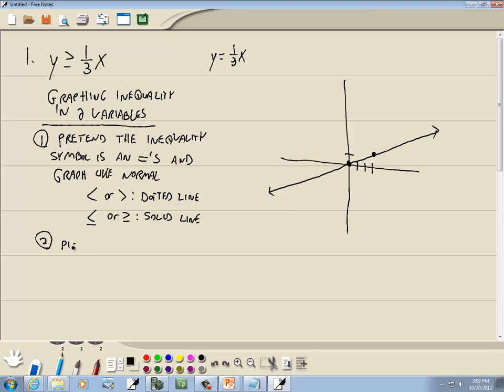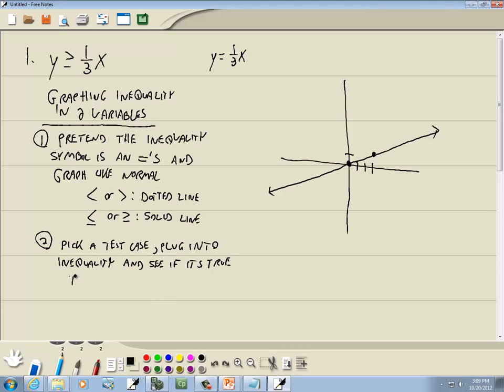Step 2: Pick a test case. Plug it into your inequality and see if it's true.